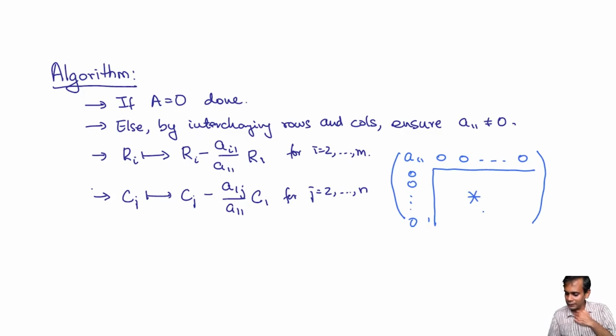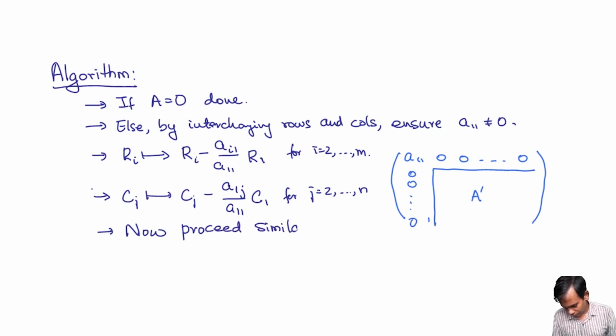And you've got some matrix here, A prime, let's call it. And now what you can do is you can repeat similarly with A prime. So you can interchange rows and columns of A prime and make sure that out here you have a non-zero element, and then use that to clear out one more row and one more column except for the diagonal entry.